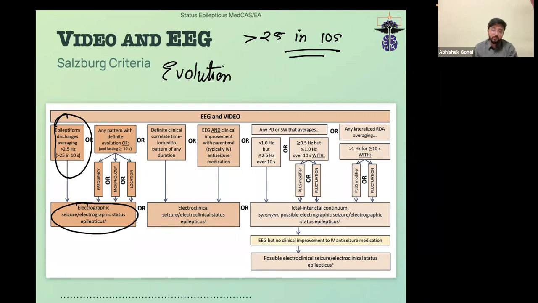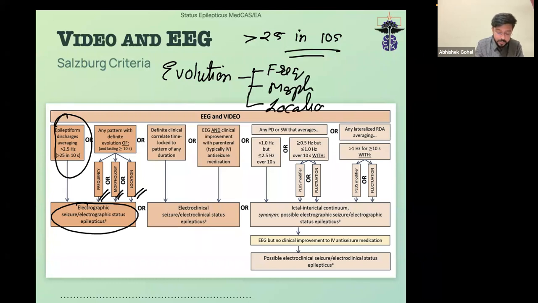You can look for evolution in 3 aspects: frequency, morphology, and location of the electrographic seizure. What is frequency evolution? That means previously it was this, and then the frequency reduces over a period of time. What is morphology?